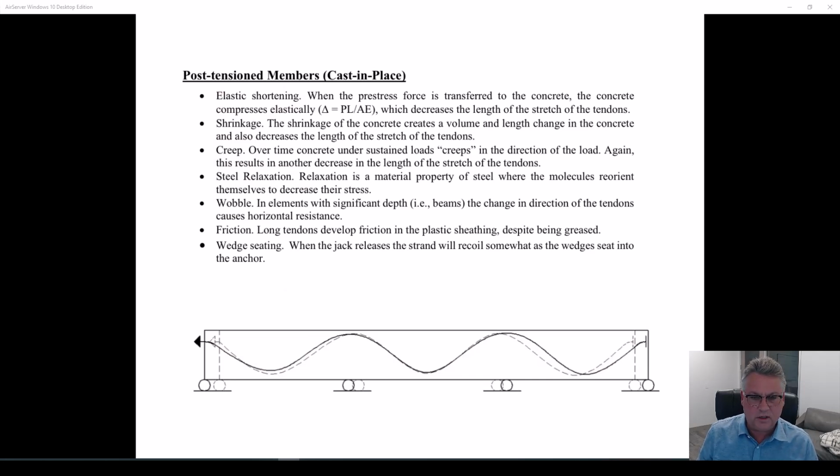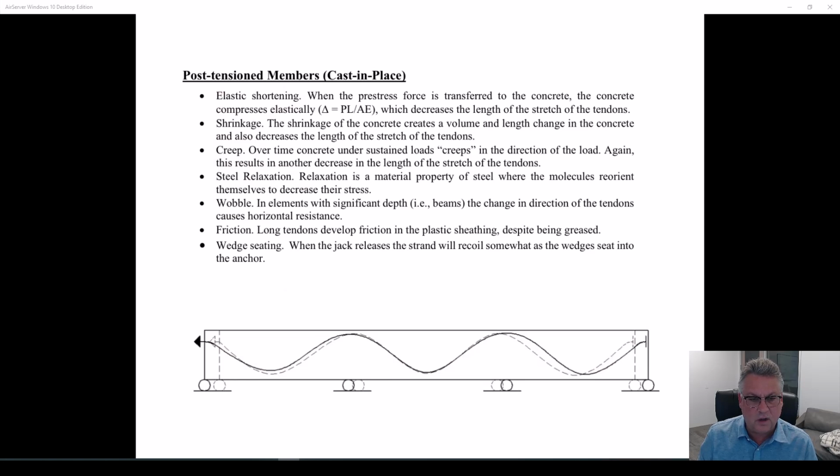Not particularly important that we do that in the academic world. You're learning the concepts. We don't have to be as exact as we would be in practice, or we allow the computer to be. So that wobble, that fact that there is some amount, as we stress this tendon, of horizontal resistance to movement, that creates some amount of loss too.